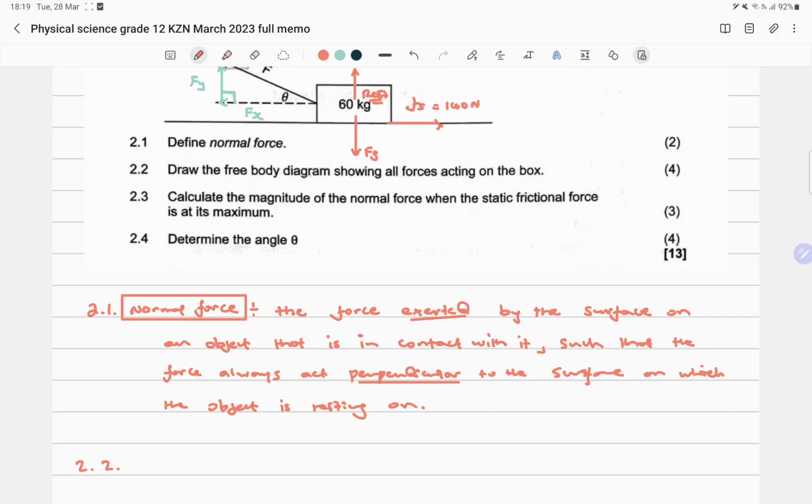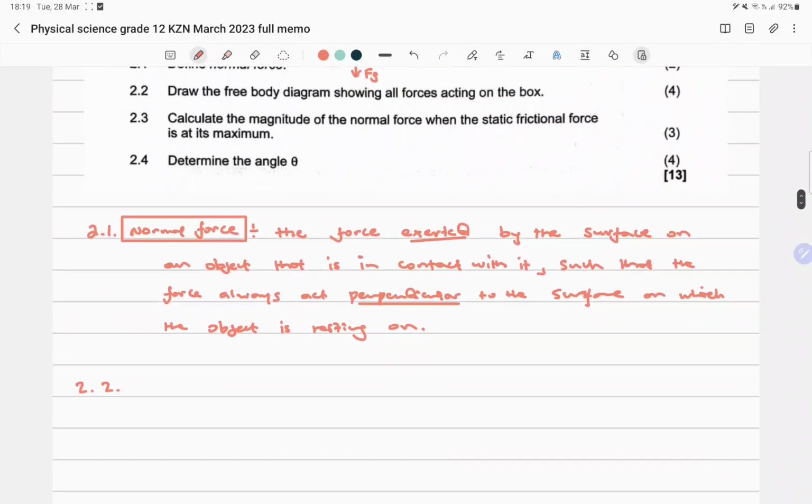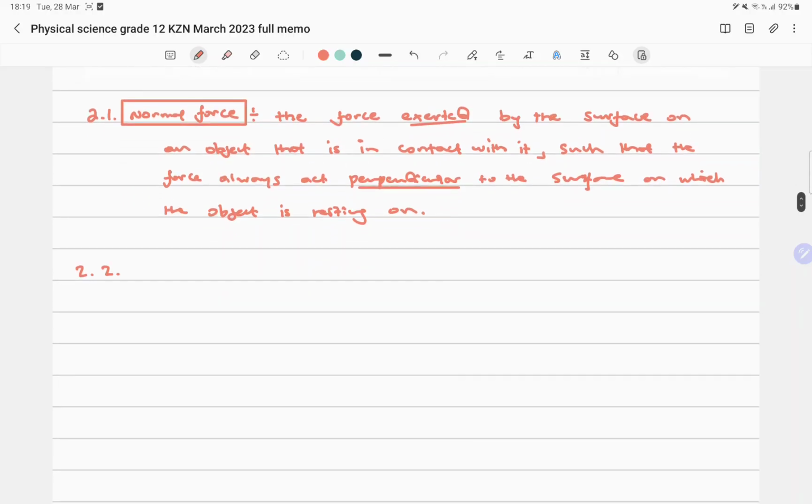Draw the free body diagram showing all forces acting on the box. So we can already see that here we've got how many forces? Applied force, the gravitational force, the normal force, and the frictional force. These components essentially give us that force, so we don't worry about them. So if we draw our free body diagram, we will have that guy over there.